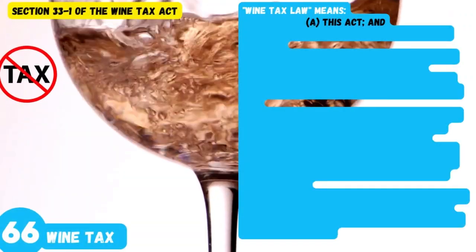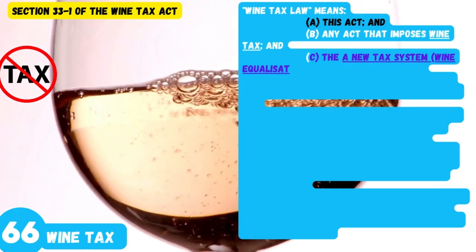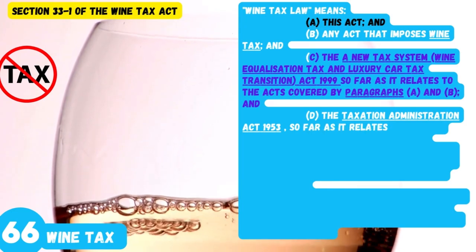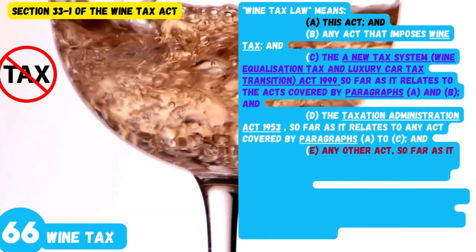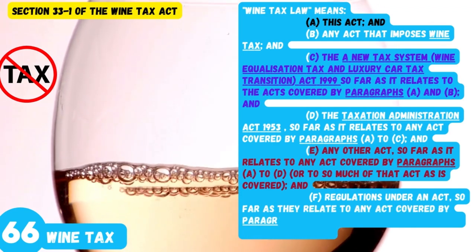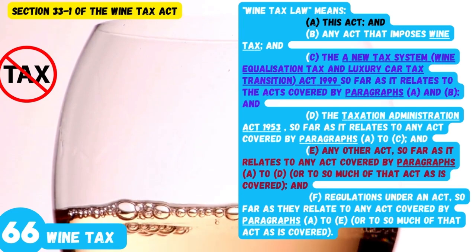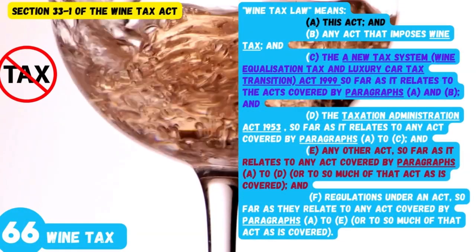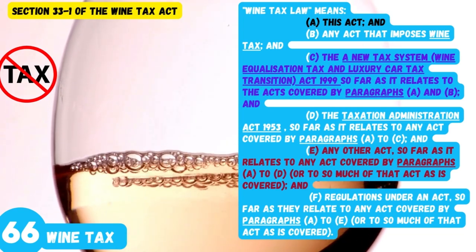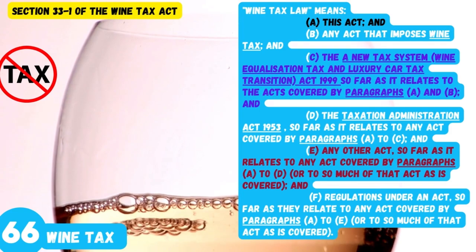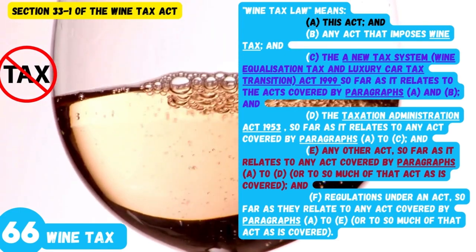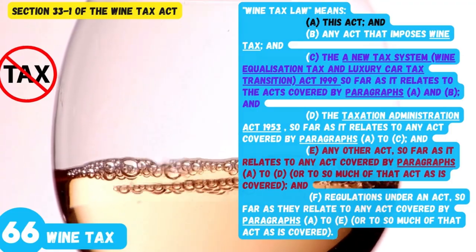Wine tax law means A. This Act, and B. Any Act that imposes wine tax, and C. The A New Tax System (Wine Equalization Tax and Luxury Car Tax Transition) Act 1999 so far as it relates to the Acts covered by paragraphs A and B, and D. The Taxation Administration Act 1953, so far as it relates to any Act covered by paragraphs A to C, and E. Any other Act, so far as it relates to any Act covered by paragraphs A to D, or to so much of that Act as is covered, and F. Regulations under an Act, so far as they relate to any Act covered by paragraphs A to E, or to so much of that Act as is covered.